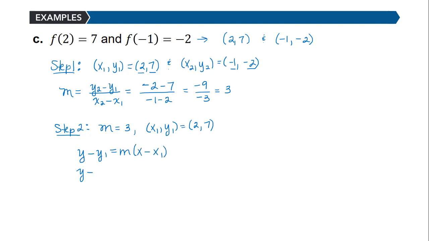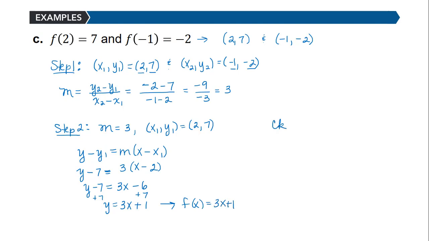We have y minus 7 is equal to 3 times x minus 2. Distributing on the right, we get y minus 7 is equal to 3x minus 6. And we can add 7 to each side to get y is equal to 3x plus 1. So in function notation, we get f of x equals 3x plus 1.